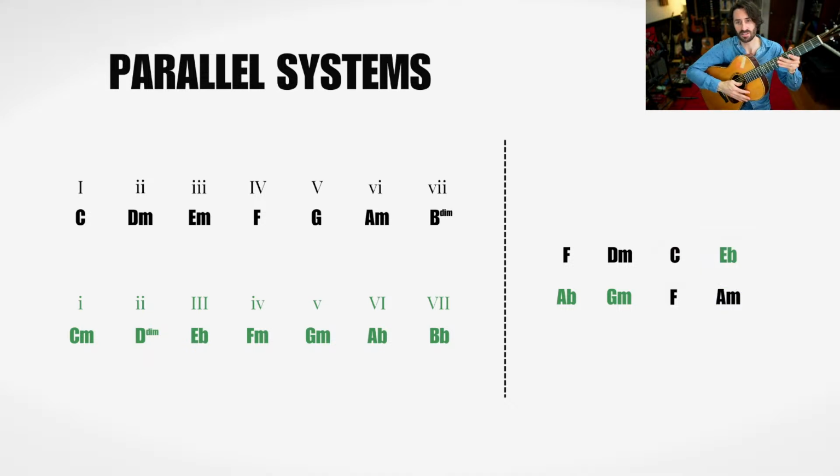Now we're just messing around with chords from these two systems. But this is what happens. I get excited and I start wanting to write a song. So we've got F, D, C, E flat, A flat, G minor, falling to the F, and A minor.